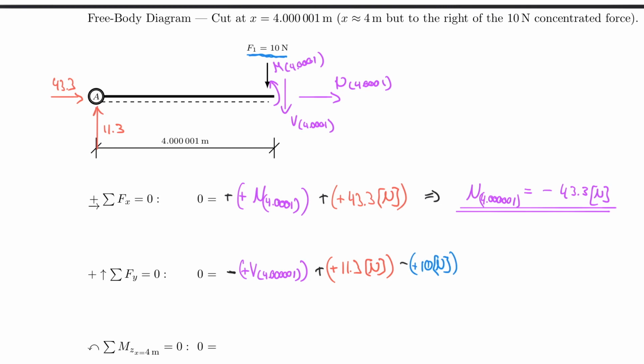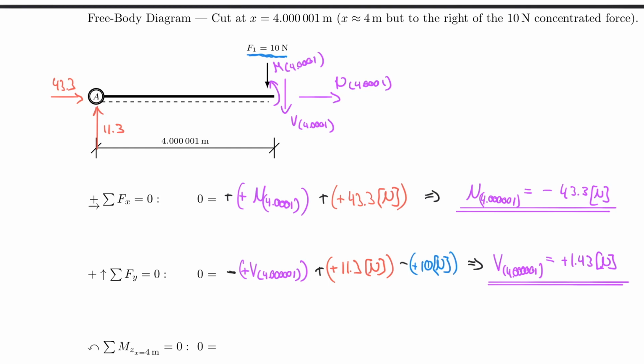And now I can close out my equation and I can identify that my shear force at 4.000001 is equal to positive 1.43 Newton. Now that will be a result once again, so we obviously double underline that and notice that I used a positive in my answer here.